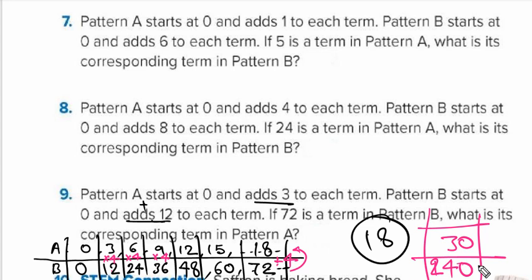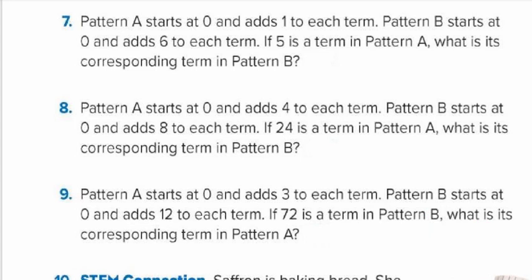We find the relation, divide 4. 240 divide 4. So 24 divide 4 is 6, and then you put 0. So this is how you can solve. Similarly, we did this question, right? So find the relation, that will be easier. Let's move on to the next question.